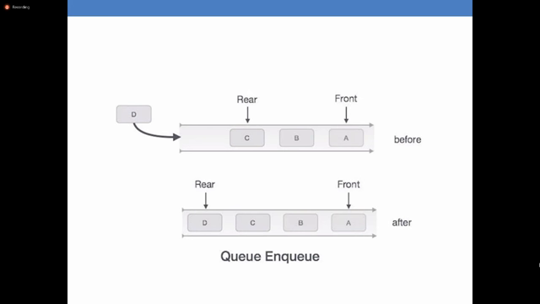The rear pointer points to the last element of the queue. After enqueuing D, D is at the rear position. Right? This is before entering the element to the queue. This is after entering the element to the queue.